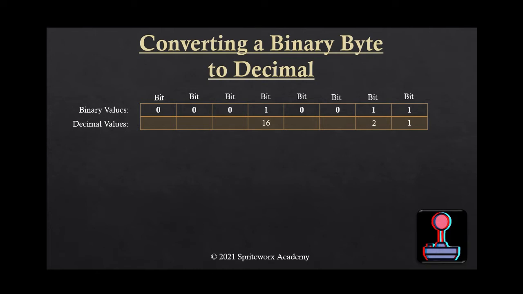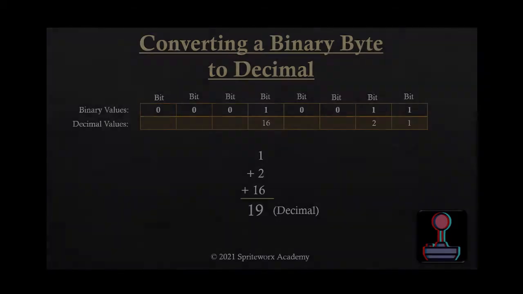So the least significant bit could have a possible decimal value of 1, and you keep doubling that until you get to the leftmost bit, which is the most significant bit, which would have a decimal value of 128. And so you take all of the bits that are turned on within a byte, and you record the decimal equivalent values of those bits, and you simply add those decimal values together. And once you add those values together, you get the equivalent decimal value of the entire byte.